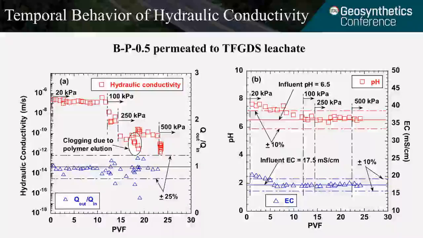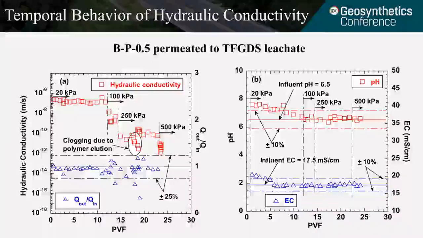The right figure shows the chemical equilibrium determination. When the pH out versus pH in falls into 1 plus or minus 10% error, we call it the test run has reached chemical equilibrium. As in this figure, we can see with pH becoming roughly around 12 pore volumes of flow, the hydraulic conductivity test was reaching the chemical equilibrium stage.